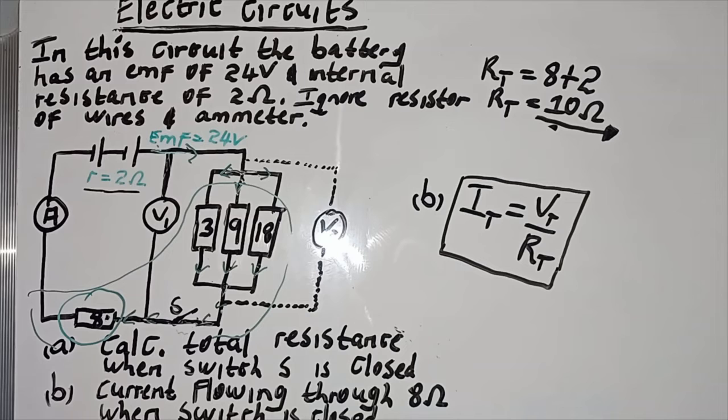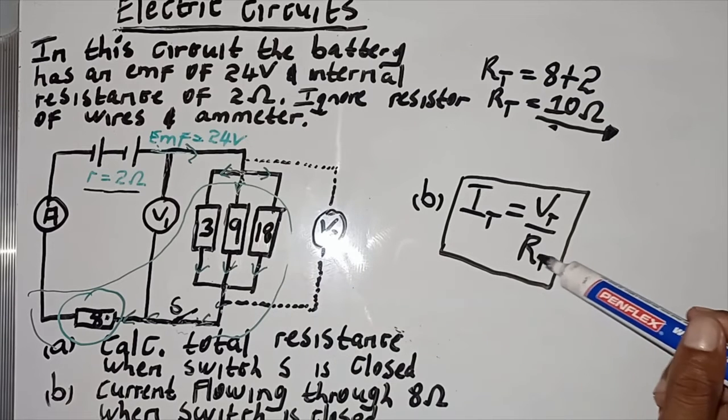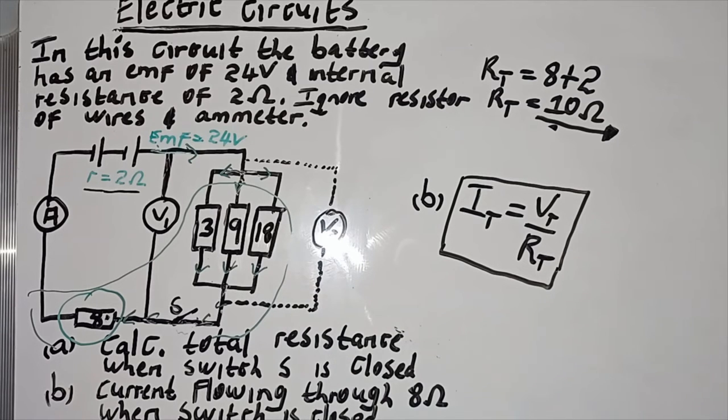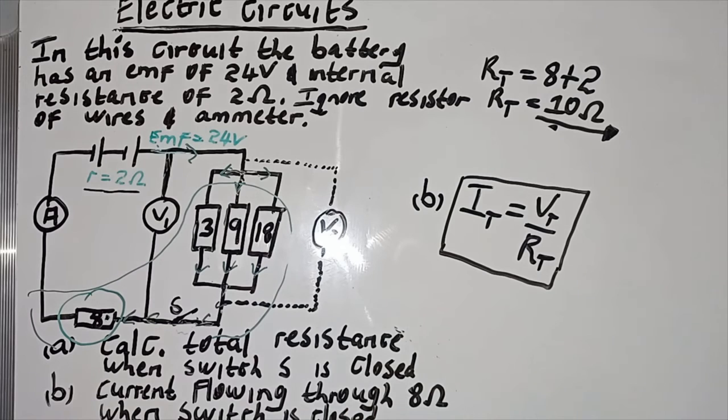But then before we can get the total current, we must firstly find the total resistance of this circuit. We must know what it is, meaning we have to combine all of these resistors if we can include it here.